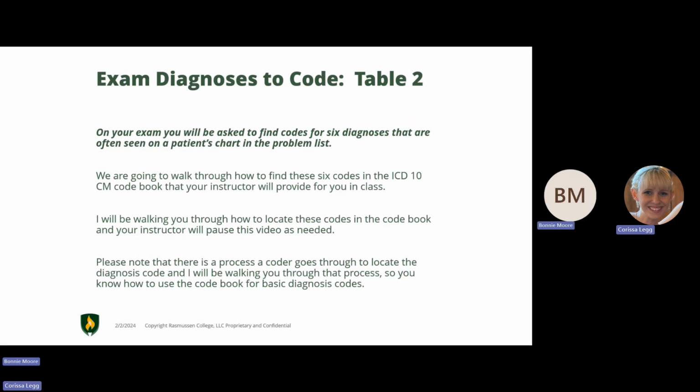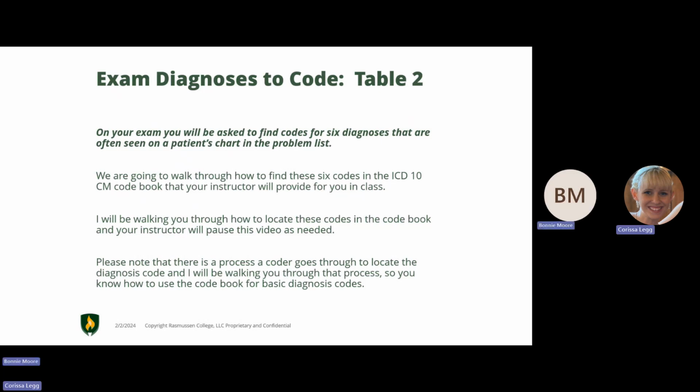And these are often seen on a patient's chart in the problem list. We are going to walk through how to find these 6 codes in the code book, which your instructor has now provided you in class. And I'm going to be walking you through how to locate these codes in the code book.